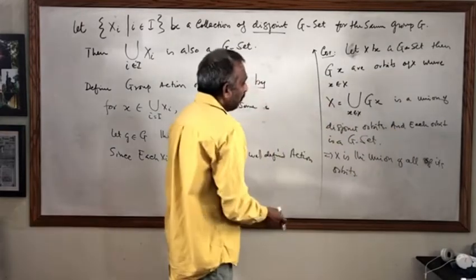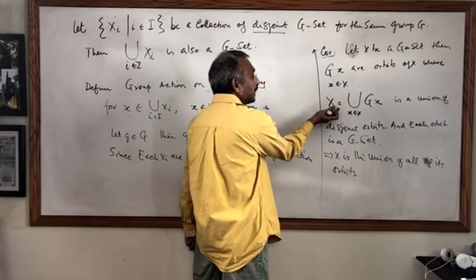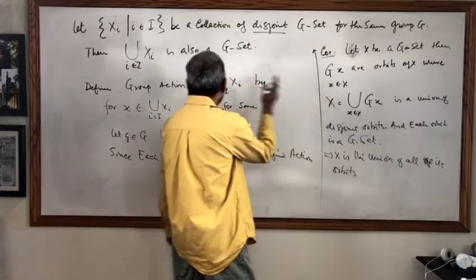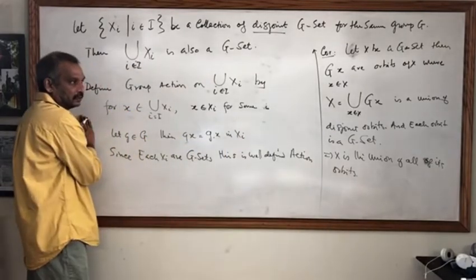We don't need to prove it like this because we already know that orbits are formed as classes of an equivalence relation. But I am taking this as a corollary of this result. That's all.